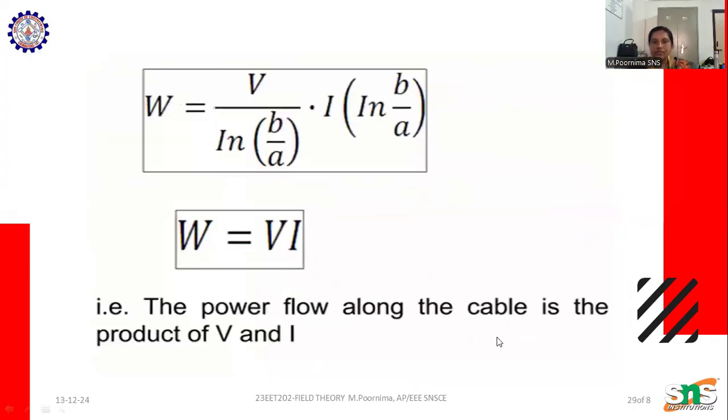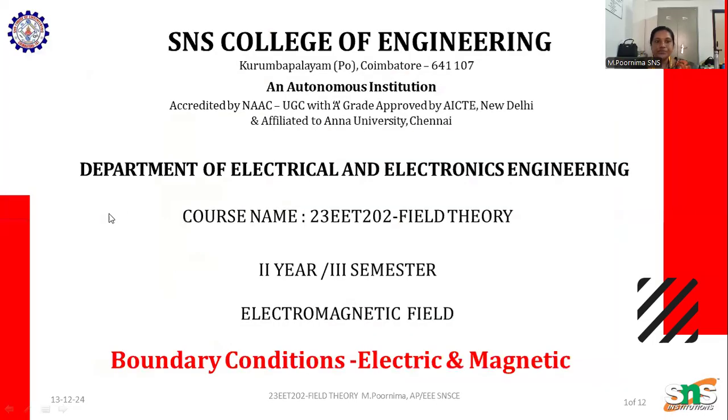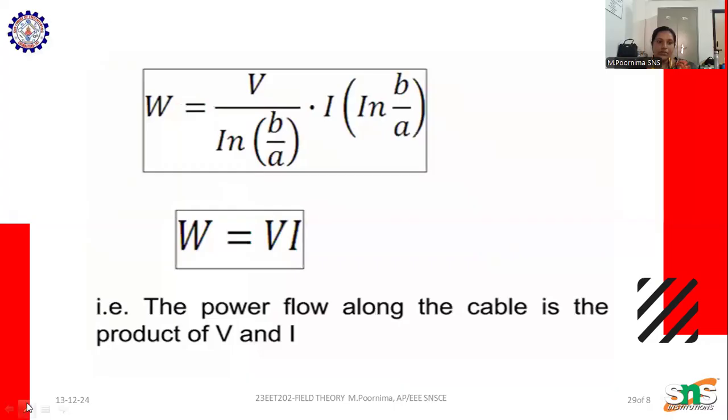The total power W is equal to V by ln of B by A, into I, into ln of B by A. That is nothing but the total power, which equals V into I. The power flowing across the coaxial cable is the product of voltage and current.